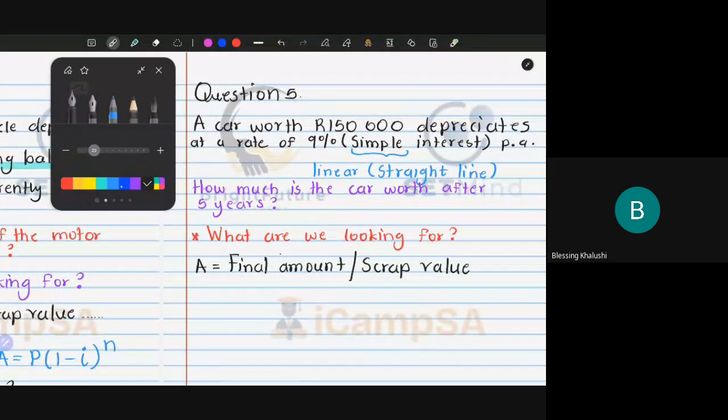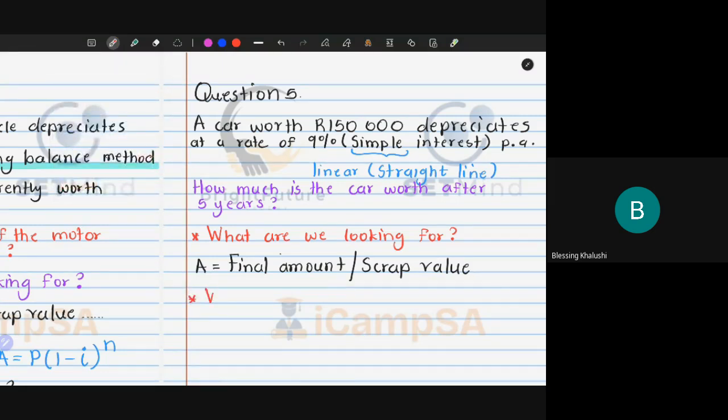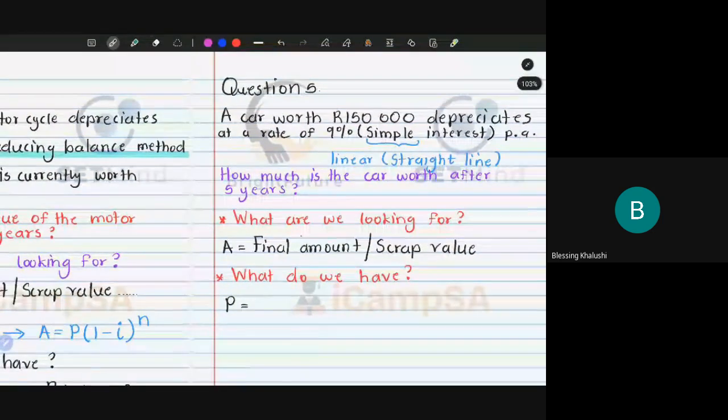So now the question is, guys, what do we have? Anyone? We have the present value. Present value P, which is what? 150,000.